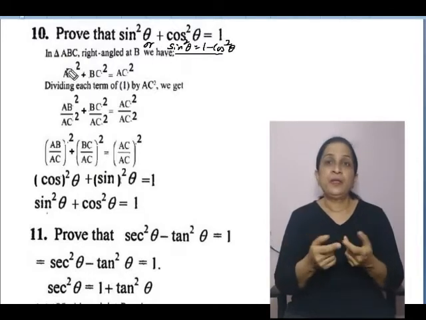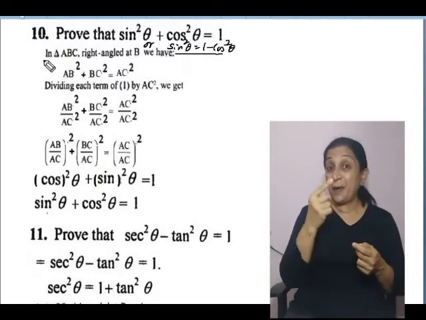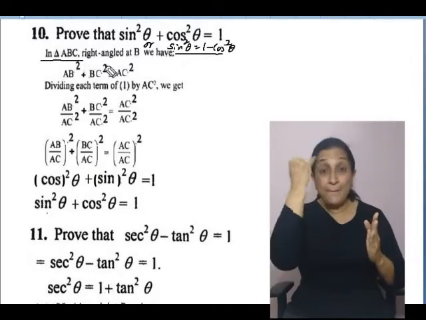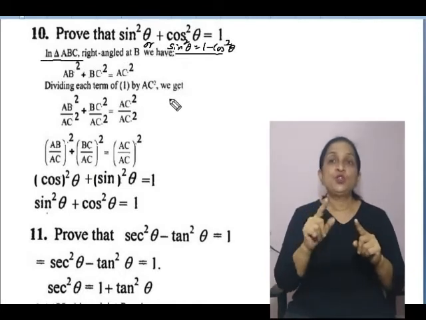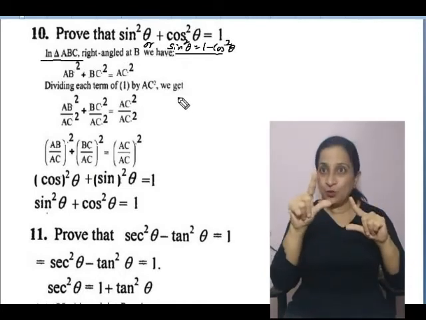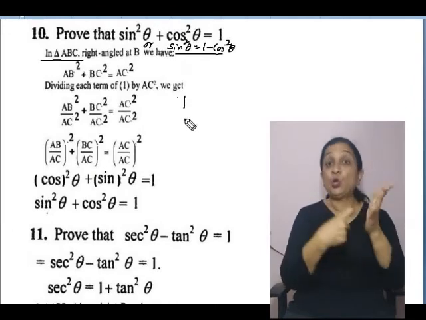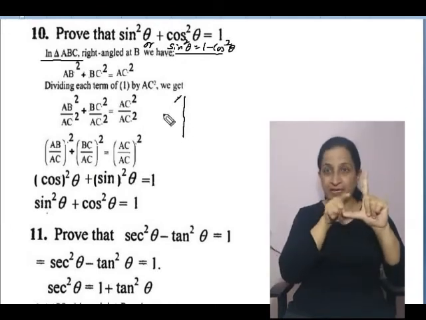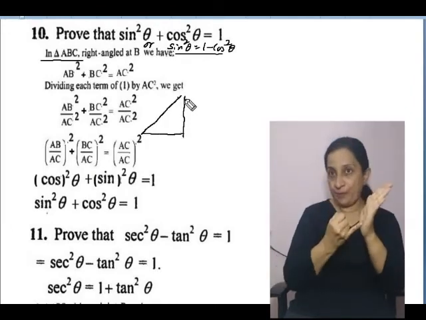Now here you have to do it from first principles using the right angle triangle ABC. Let us draw the right angle triangle. It is not drawn here. So this is the right angle triangle.